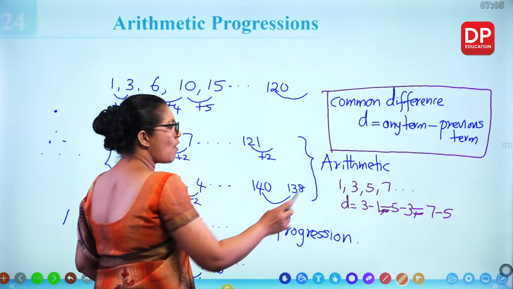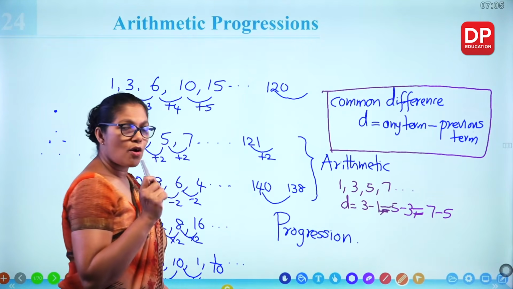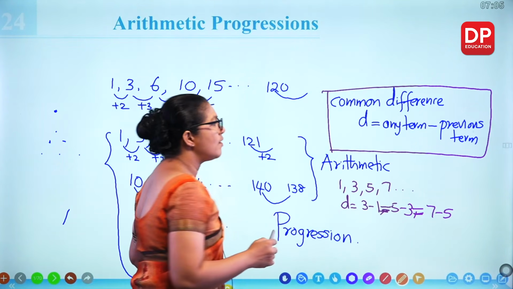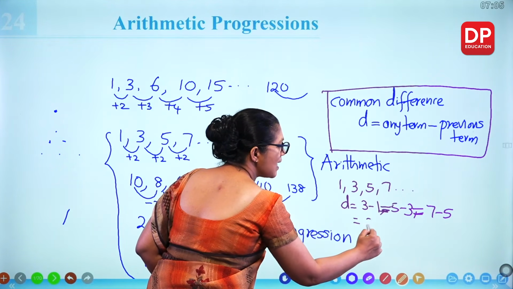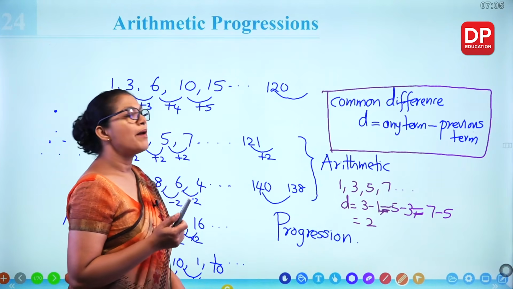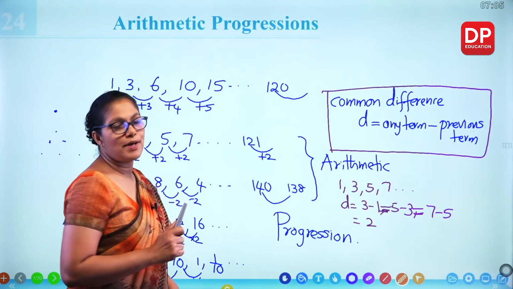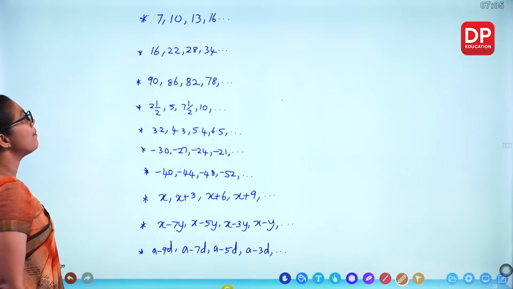So for all these consecutive terms, the difference is a constant. That's why we call it a common difference. In all these cases, that's 2. So remember how to get the common difference. Now we'll practice that with several examples.